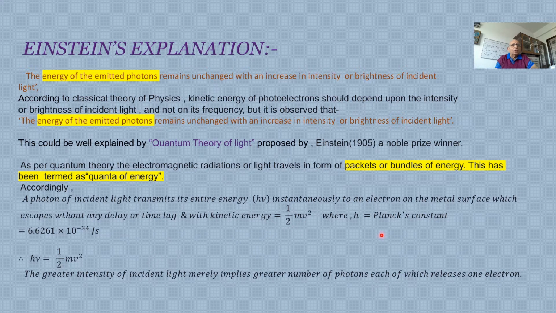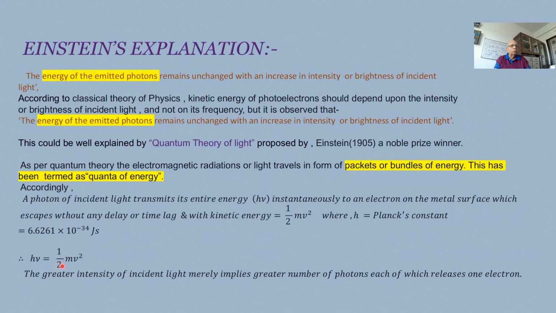So we can say that the bundle of energy was represented by the entire energy possessed by the incident light, in terms of bundles, and that was known as h nu.